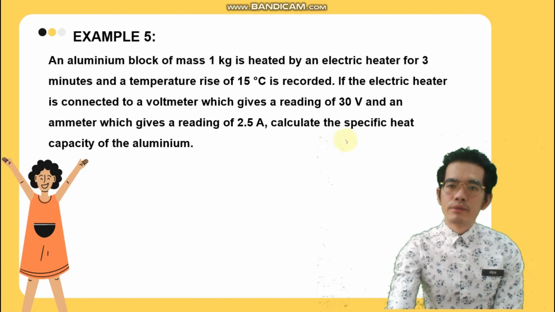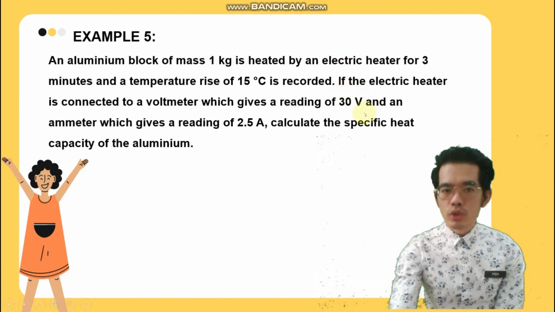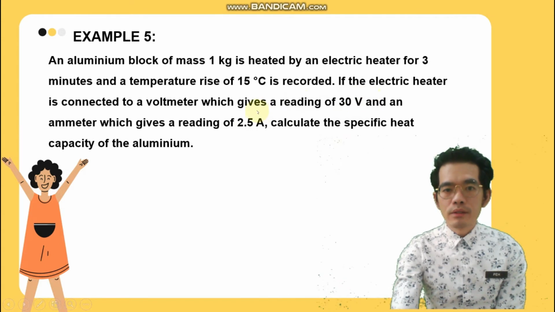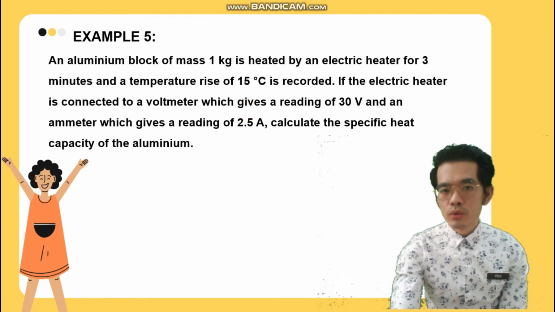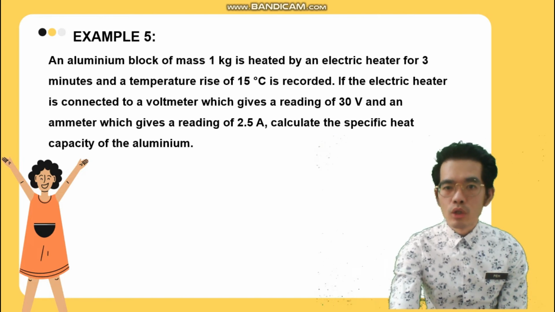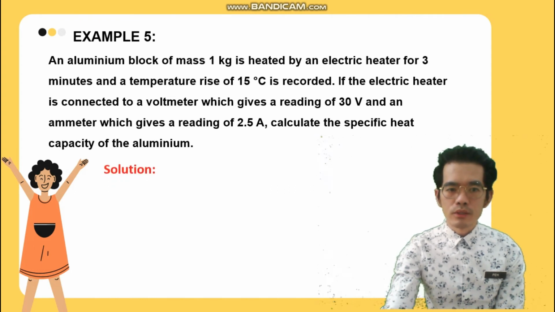But the question gives us the values of voltage and current. From these two values, we can get the value of power. The formula is also something you have learned in PT3. Power will be equal to V times I. So look at the solution together.